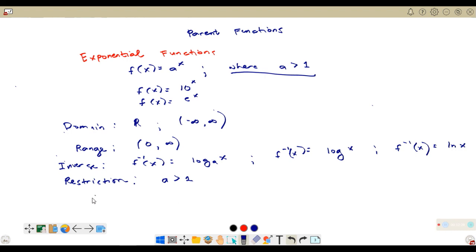Now, what is the general form of exponential functions? So, we have A raised to b times x minus h plus k. Ayan. So, this is the general form of our exponential function.